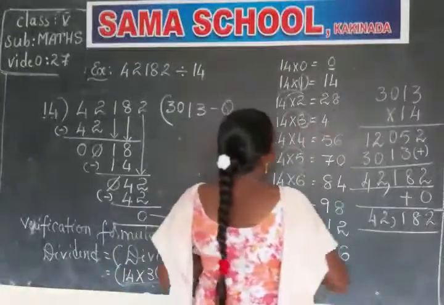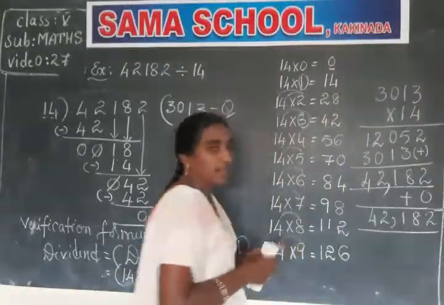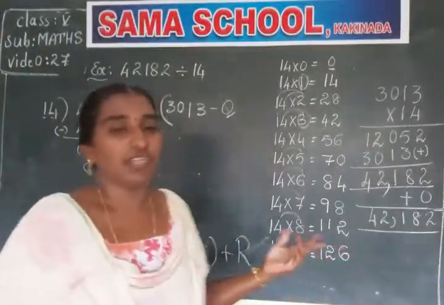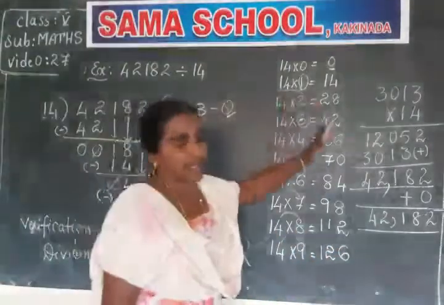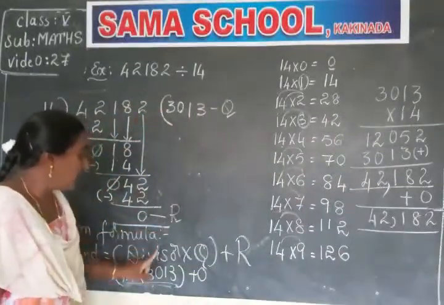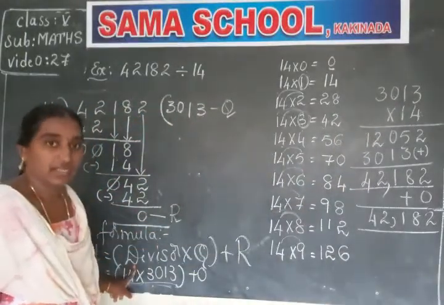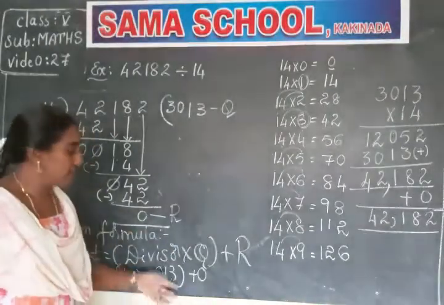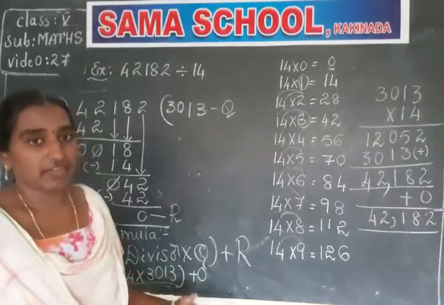That's why we have to be very careful by writing the table. And once after finishing writing the table, again you have to go through the table whether you got the correct products or not. And after getting the quotient and remainder, it is compulsory we have to check the answer also by using this verification formula. Otherwise, we don't know whether we did in a correct way or not.